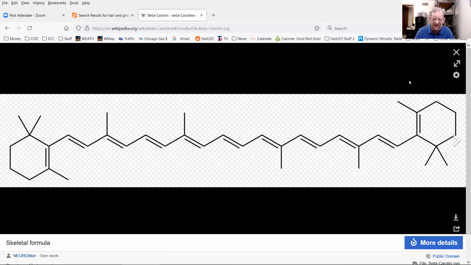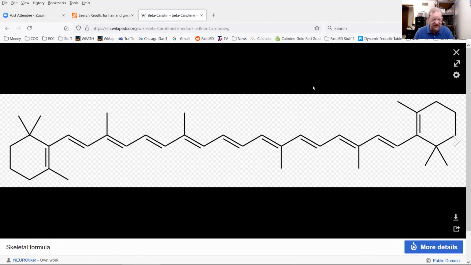Does everybody see all those lines on your screen now? Right here, each bend in the line is a carbon, each end of the line is a carbon. And where you see two lines, like right here, here, or here, that's a carbon-carbon double bond. And this is called beta carotene.